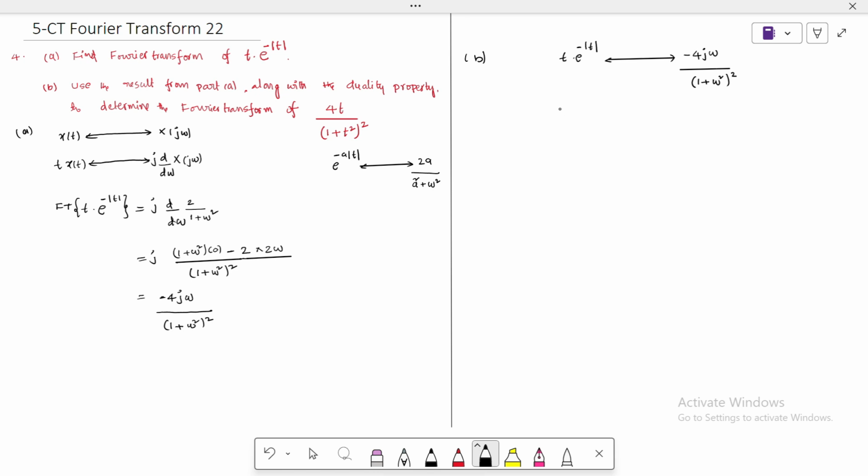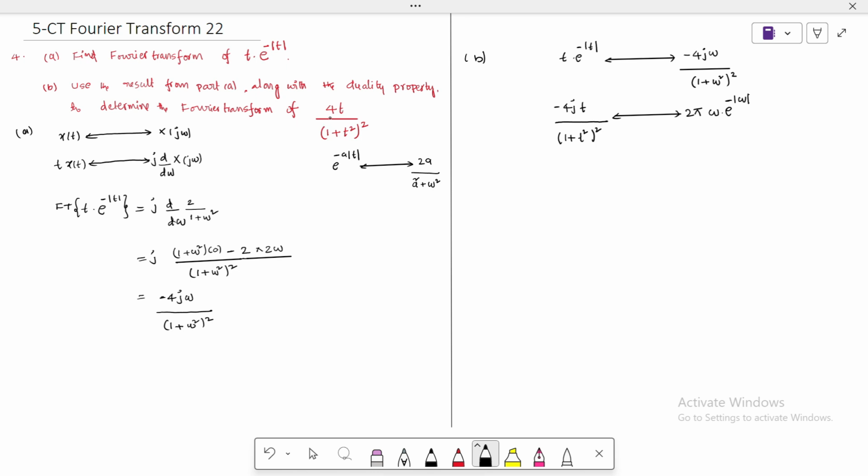In duality, omega must be replaced by t, so 1 plus t square whole square, and that equals 2 pi into omega into e power minus mod omega. So this is the duality.